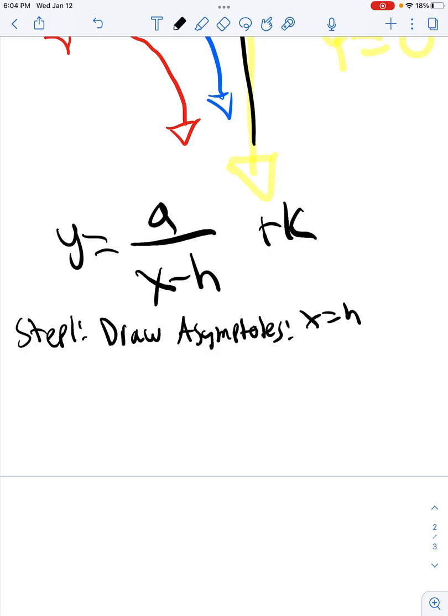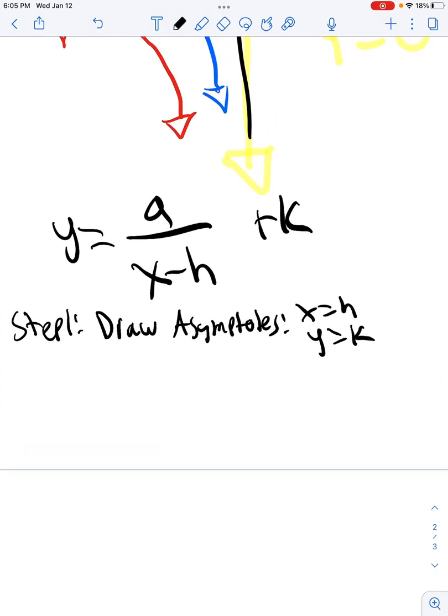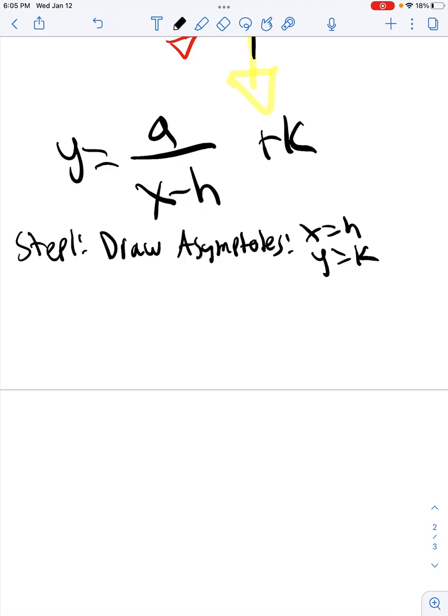In this case, x equals h for your vertical asymptote and y equals k for your horizontal asymptote.